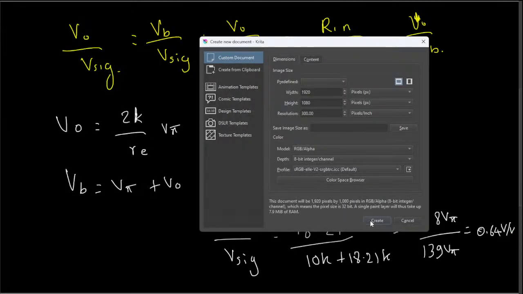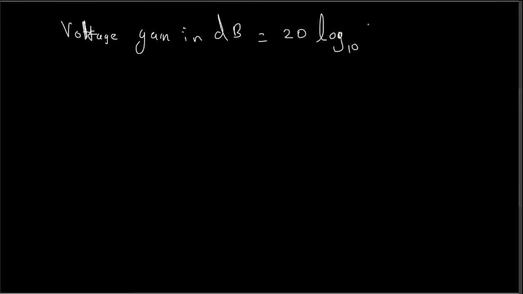To calculate the gain in decibel, you use this equation. Voltage gain in dB is 20 log 10 of whatever the value of Vo over Vsig.